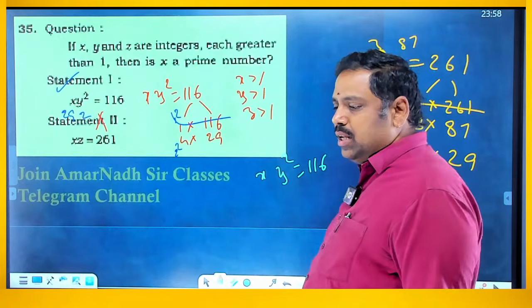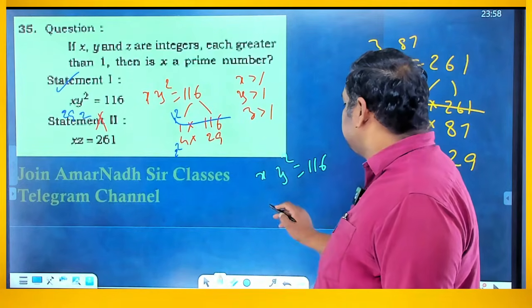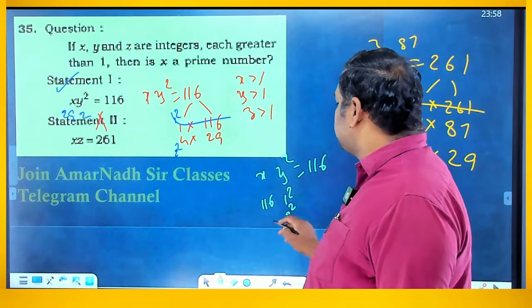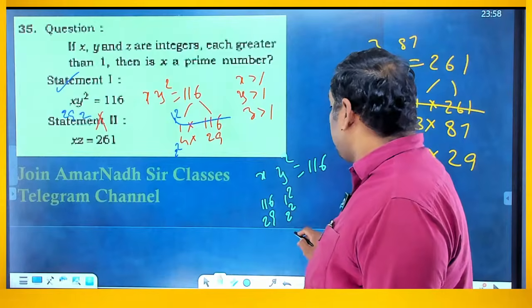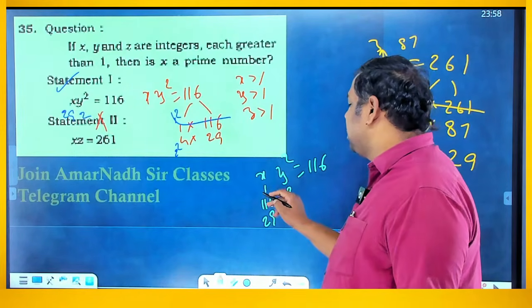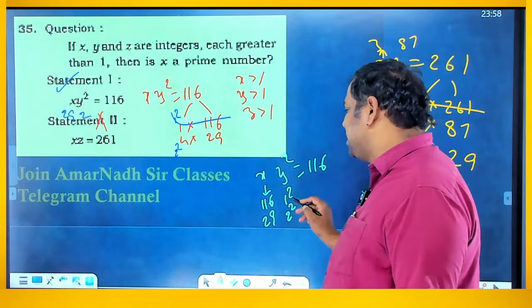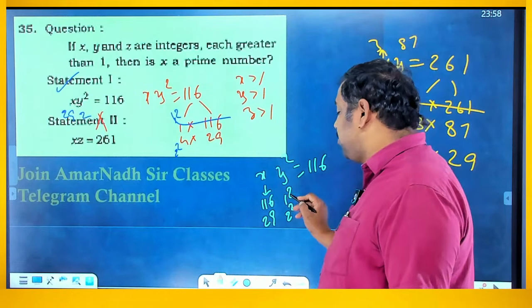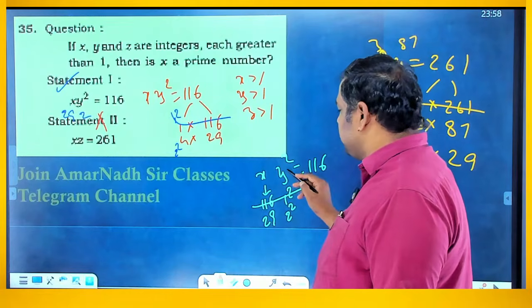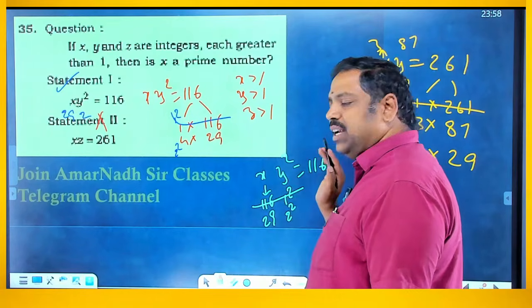So 116 can be written as 1 square into 116, 2 square into 29. I'm unable to write any other squares into something. So x can take 116 or 29. But if y square is 1, y is 1, but you said y is greater than 1, that's why this is ruled out. That means y should be 2, x should be 29.